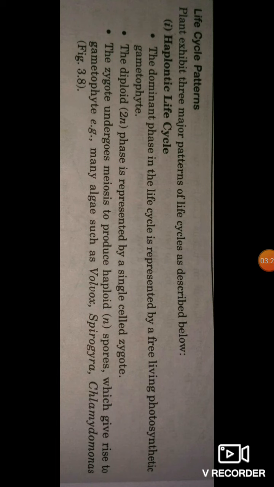The diploid phase 2N is represented by a single cell, the zygote. The zygote undergoes meiosis to produce haploid spores, which give rise to the gametophyte. For example, many algae such as Volvox, Spirogyra, Chlamydomonas.